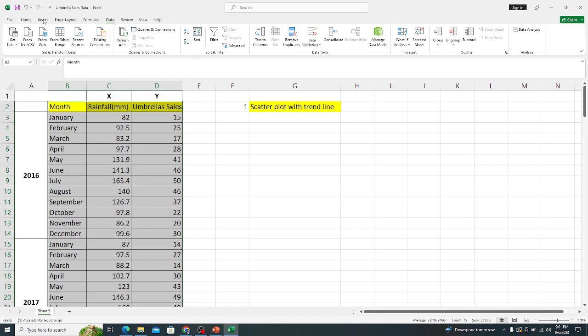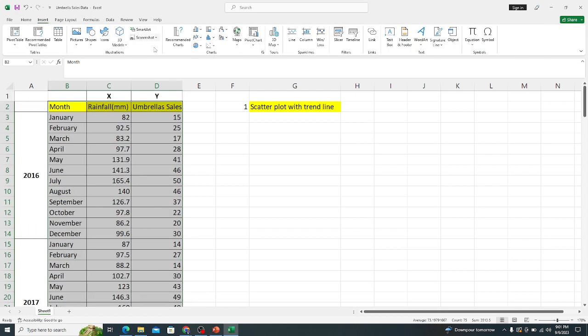Then go to insert, then we have recommended charts. You can also go to individual charts if you want to include column or bar chart, line, pie, scatter. This is the bar, all this, even maps.